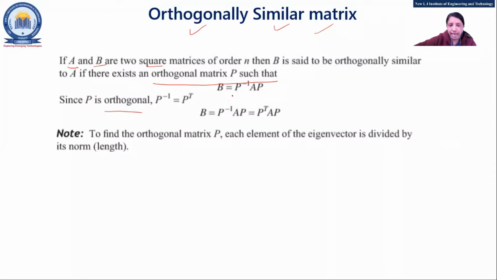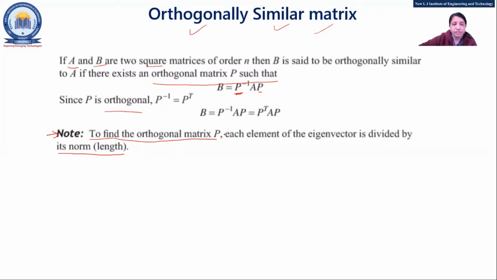Same procedure is there, but the thing is how to find P inverse, or what is that model matrix P. So to calculate P, this note you need to read out. Orthogonal matrix P: each element of the eigenvectors is divided by its length.